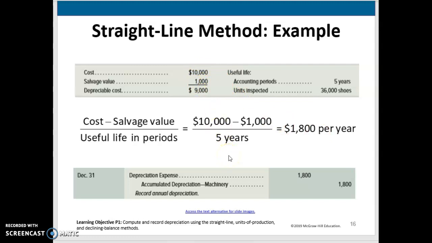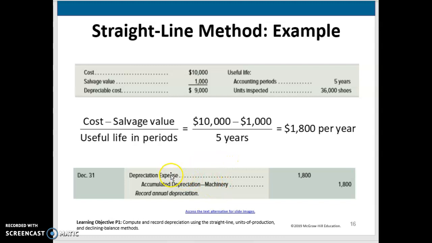So our entry, remember I told you way back in chapter 3, the entry for depreciation in chapter 3 is the same entry you're going to see when we get into the depreciation chapter. And now we're here. So we've seen this entry before. It's nothing new. We're going to debit depreciation expense and credit accumulated depreciation. Now you might see it broken down into specific assets.